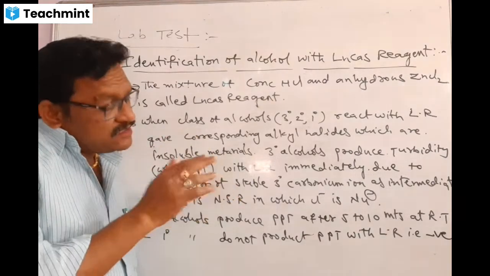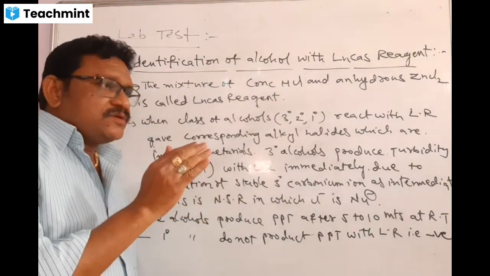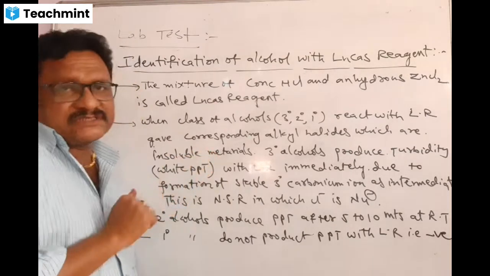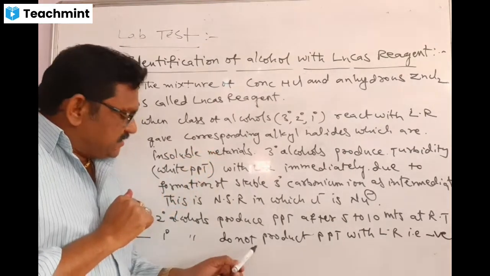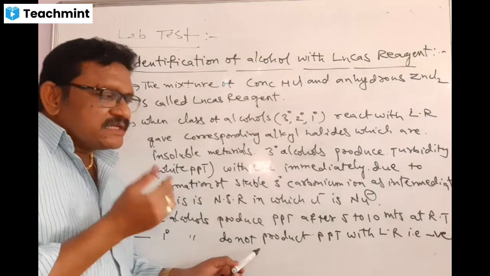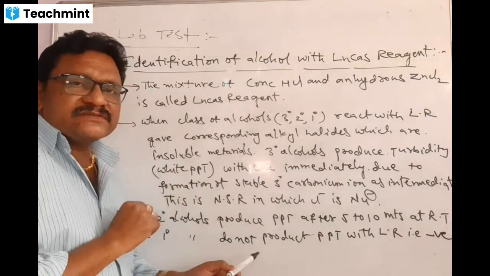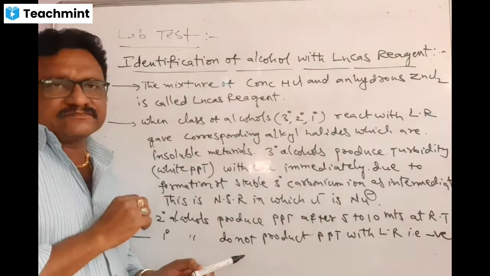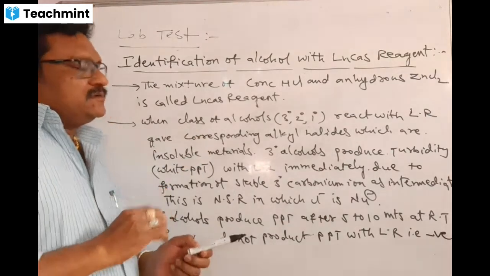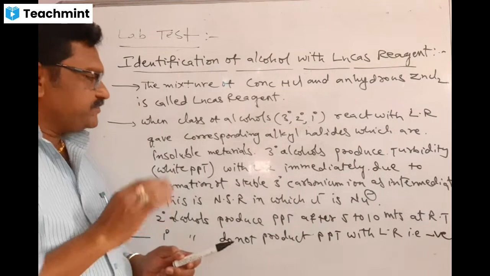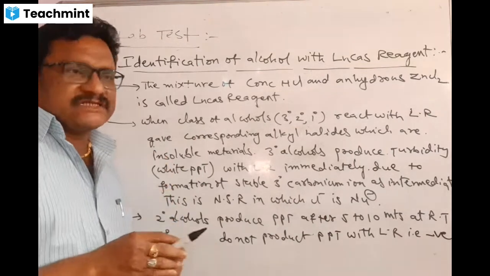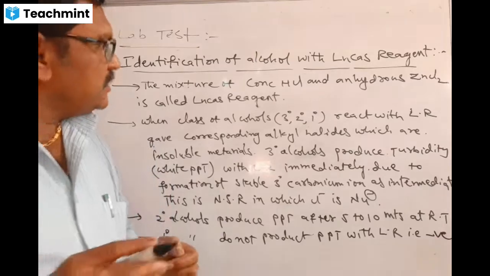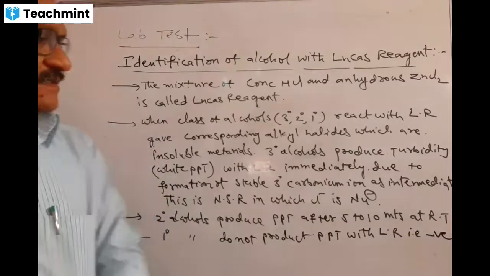The other alcohols also try to give carbonium ions, but those are unstable. Particularly, primary alcohols cannot respond to the test of Lucas reagent because of the highly unstable primary carbonium ion. This is the information about Lucas reagent. I will write the chemical reactions.